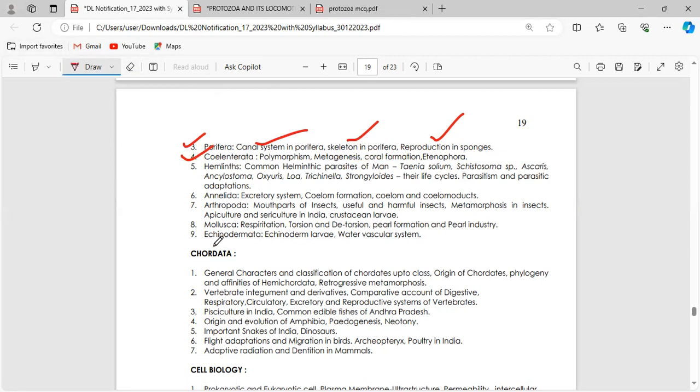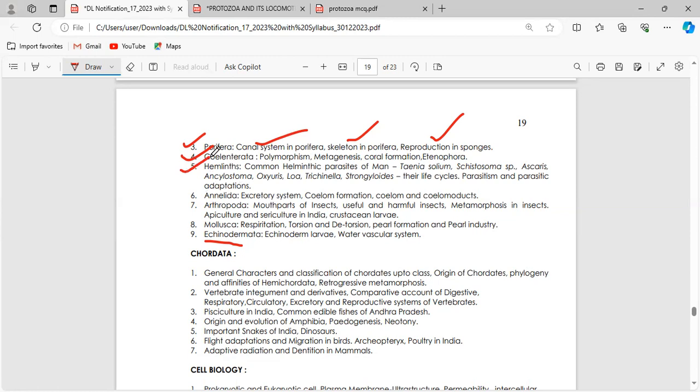If we know the general characteristics of Echinodermata, we can understand why starfish is placed under Echinodermata. So if you know the general characteristics, whatever examples they give in the exam, you can easily locate that organism in the exact phylum. That is why reading general characters and classification is important.